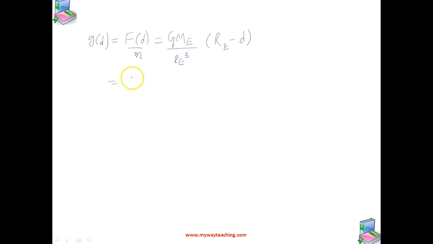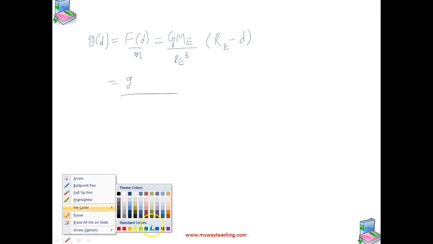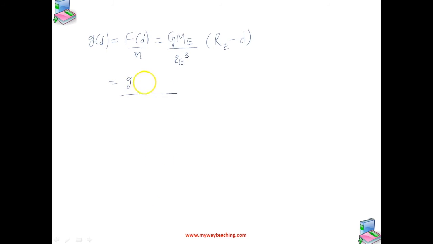So we know the acceleration due to gravity on the surface of the earth is G Me by Re squared. So replacing that value with g, we get g times (Re minus d) by Re.